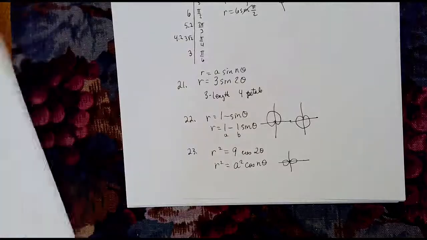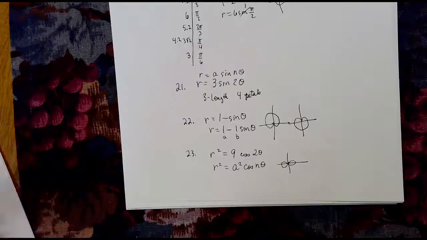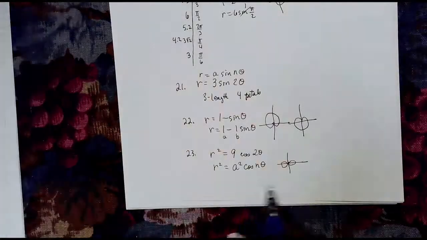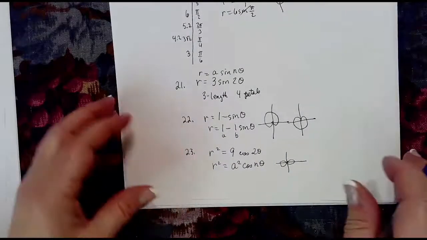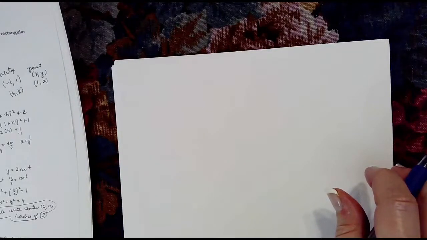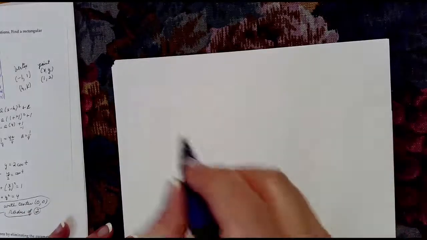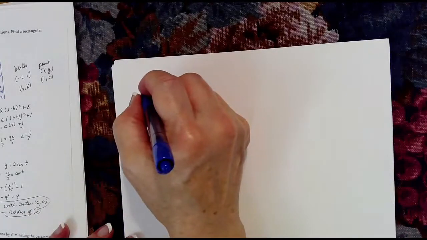Okay, so the next section on here is the parametric equations. So we're finished with our graphing, so we're going to take this page away. So now it says to use the table of values to graph the plane curve defined by the following parametric equations, and then find a rectangular equation for the curve.